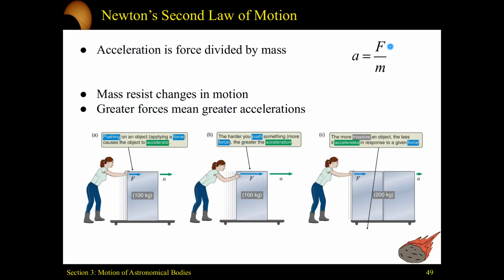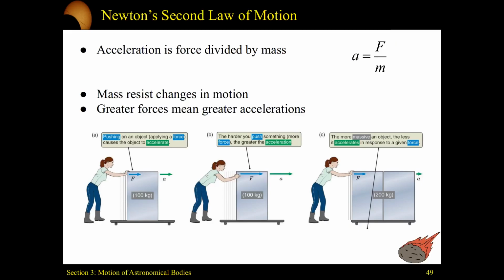So if we keep the force constant and we change the mass for a given force, as the mass increases, the acceleration decreases. Greater the mass, the lower the acceleration. Or another way to say that, it takes greater forces to get greater accelerations. The larger the force, the larger the acceleration.